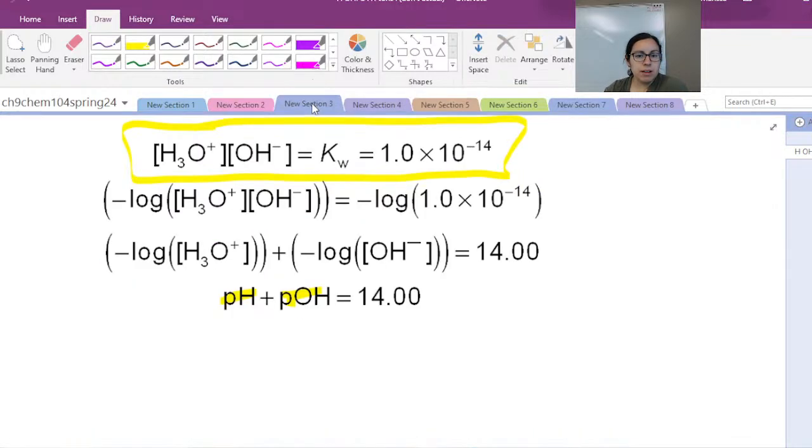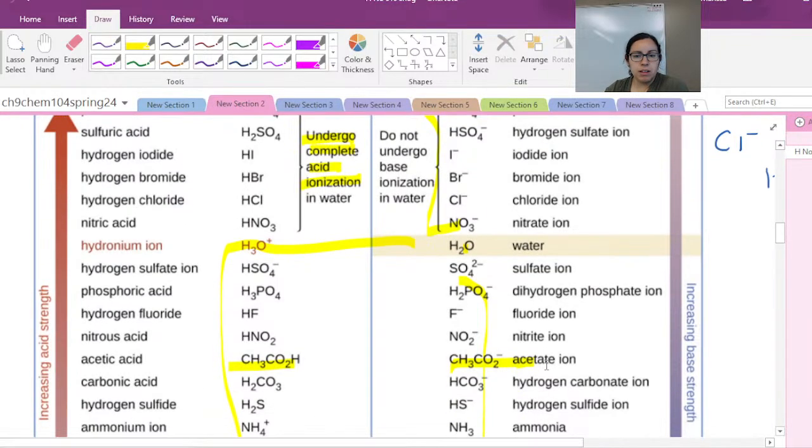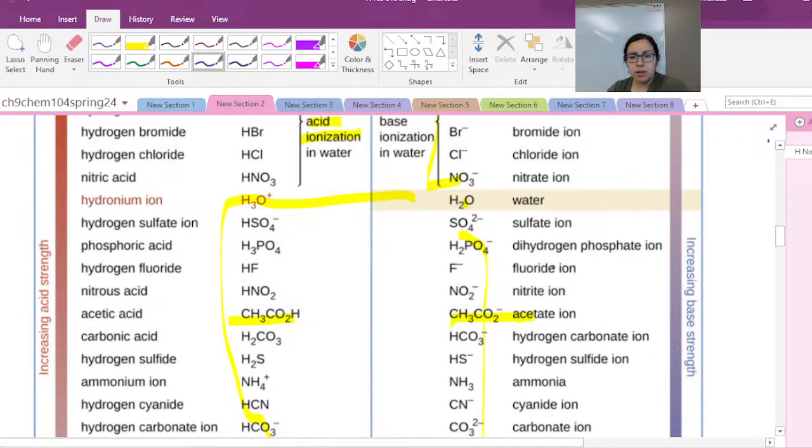Go back to the chart if you need to. Where's fluoride? What acid does it correspond with? It's right across on this chart.